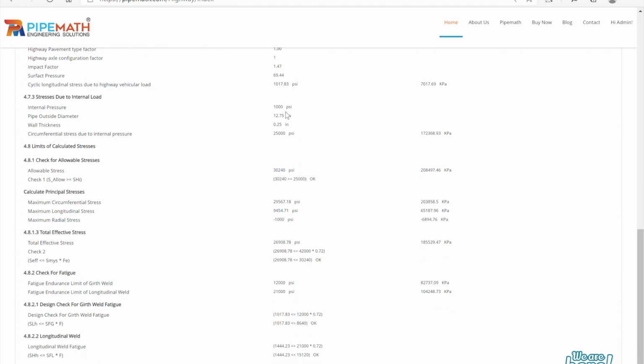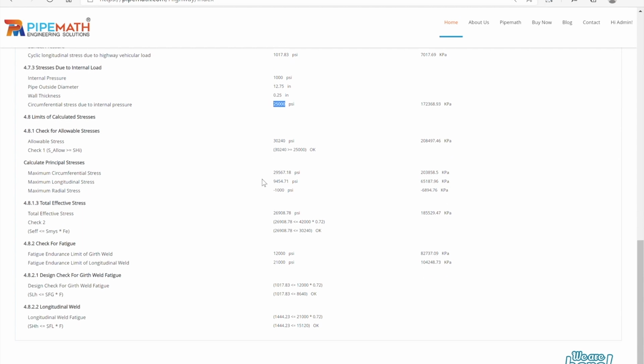So stress due to internal load, which is the internal pressure of the pipeline, 1000 psi, and Pipe Math has calculated 25,000 psi stress due to internal load. So now we are checking for the allowable stresses.